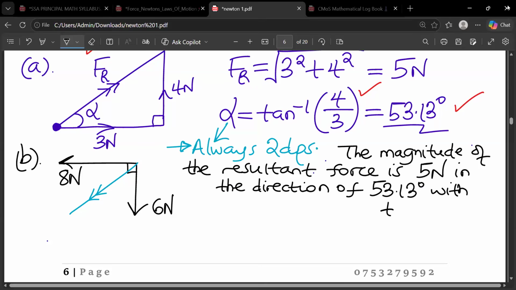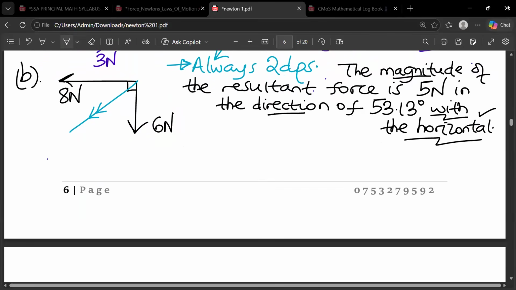With the horizontal is very important. Remember your answers, one should have a response. So that should be your response. With the horizontal, very key. You show them the magnitude, you show them that you know that resultant force is a vector quantity, so it has both magnitude and what? And direction. So for the second one, I'm not going to rewrite that. You should be knowing it.